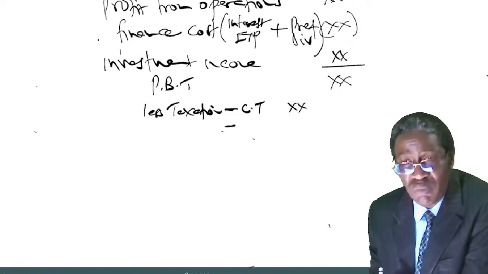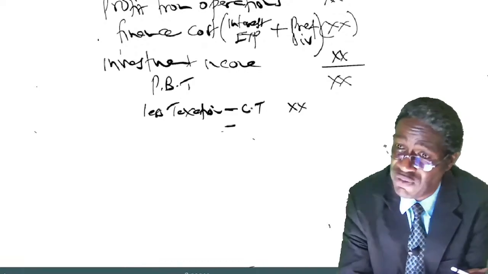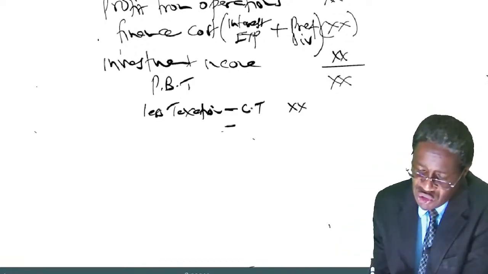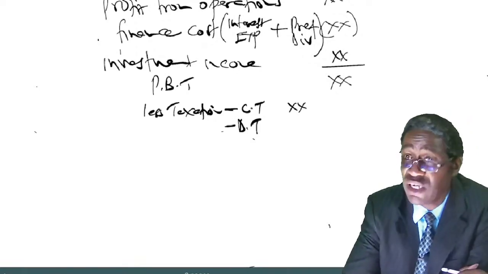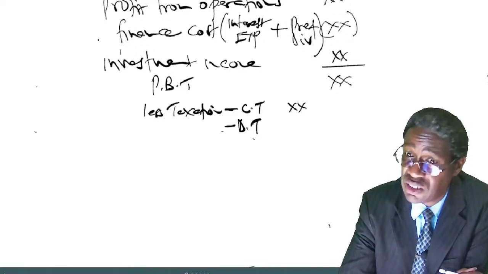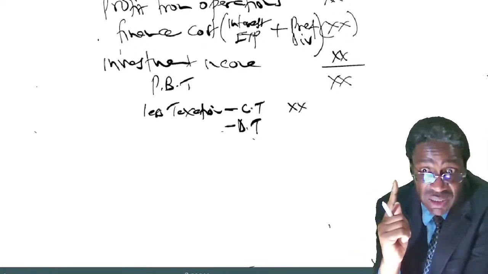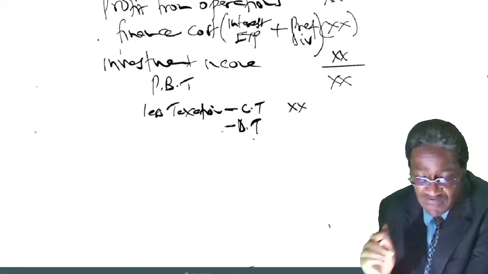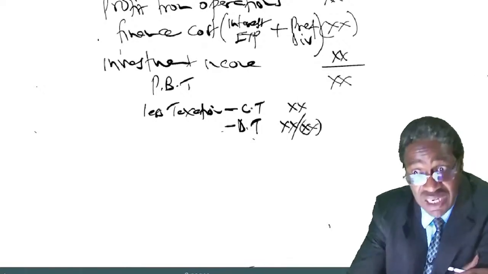Then in that question, you may have another form of tax, which we normally refer to as deferred tax. I know you know, because we are revising, when it comes to deferred tax, that charge for the year that you have calculated, you either add it to the current tax or you may be required to subtract it from the current tax.